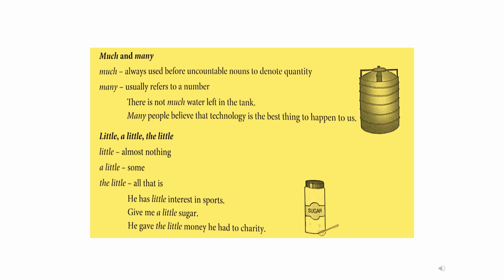Many usually refers to a number. Many we use for countable nouns in order to refer to their number. Examples: there is not much water left in the tank. Many people believe that technology is the best thing to happen to us.